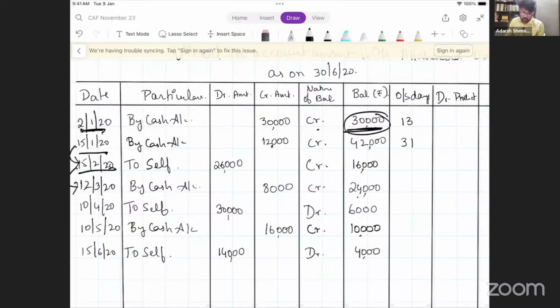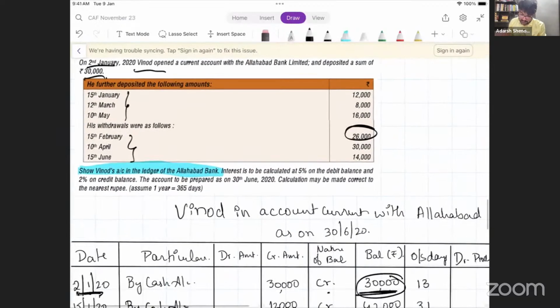So how many days left in February? It's 2020, a leap year, so I'm kind of confused. Let's look at the question and see what they have said. Assume 1 year is equal to 365 days. So our February will have 28 days. Given, sir, 365 days.